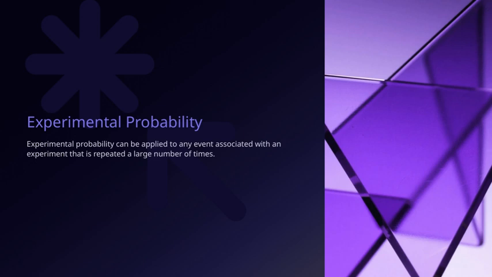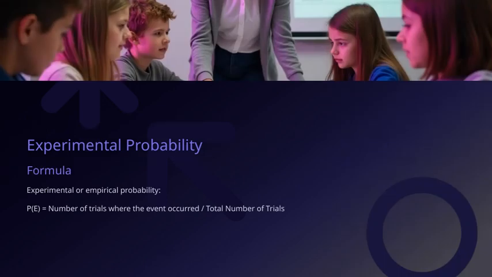As we've seen earlier, probability can be both theoretical and experimental; experimental probability gives us practical insights. Remember, the more times we repeat the experiment, the more accurate our estimate becomes. This concept ties into the overall theme of understanding how probability works in real-world situations, helping us make predictions based on observed outcomes.